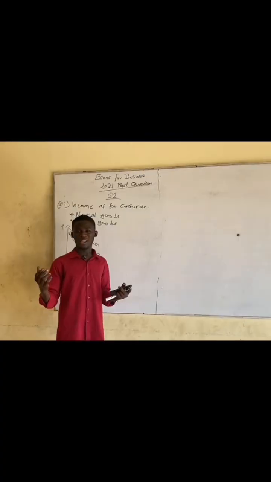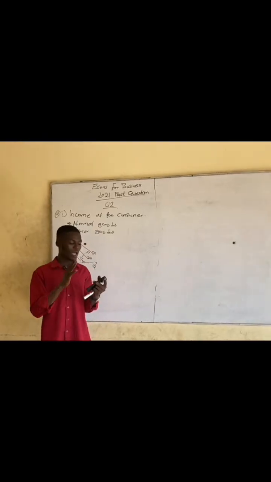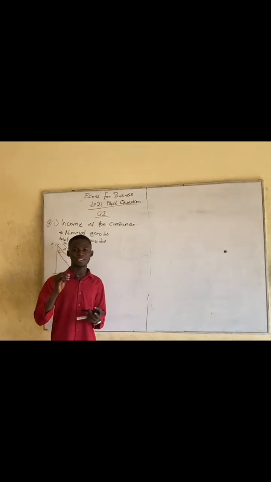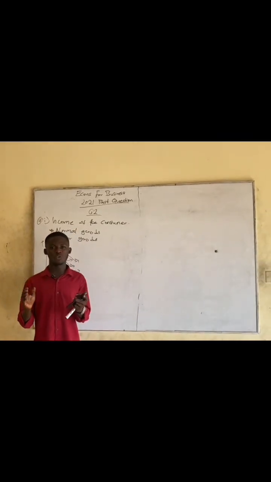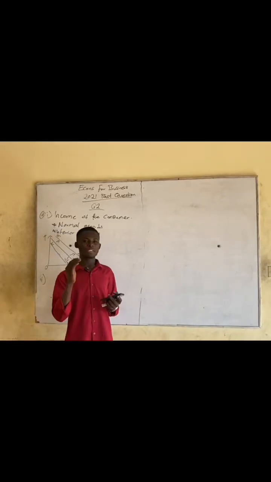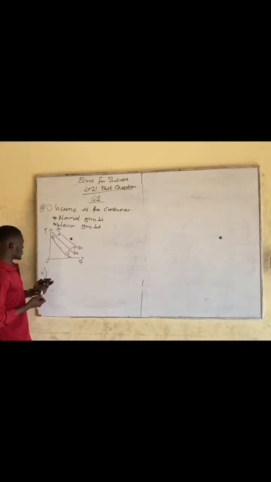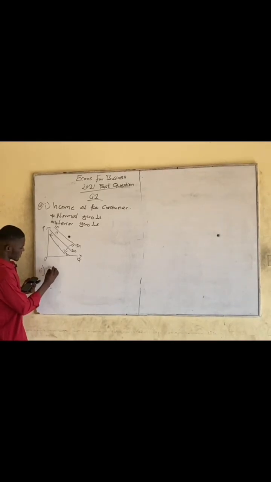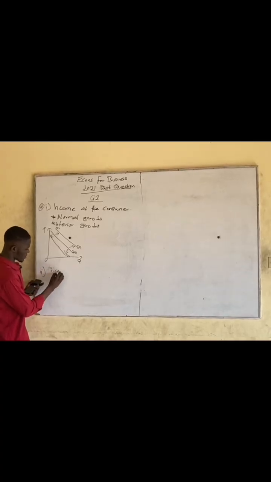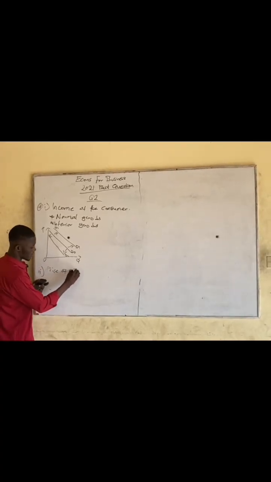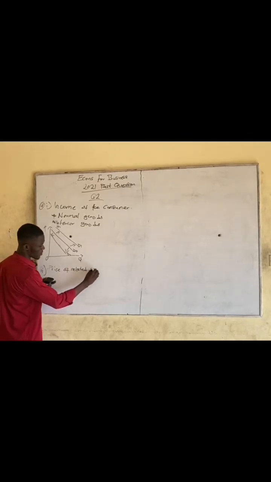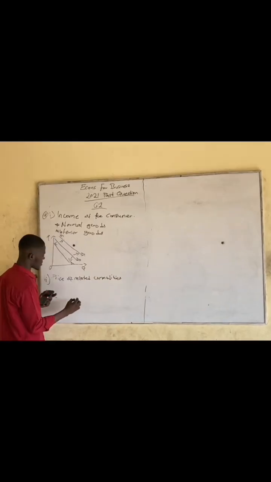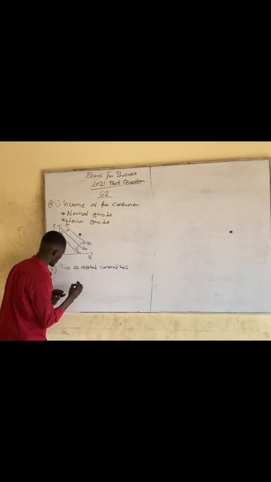Okay. Price of related commodities. What is also supposed to come into your mind is that the goods are substitutes and complementary goods. For substitute goods, you state them so that you don't forget. Okay, let me write this first. Price of related commodities.